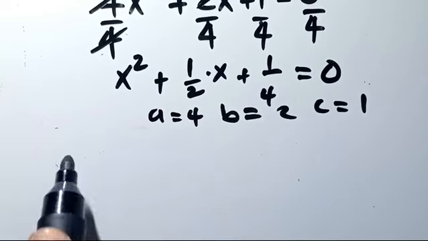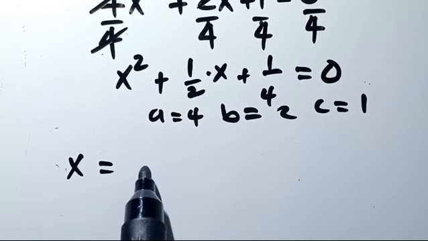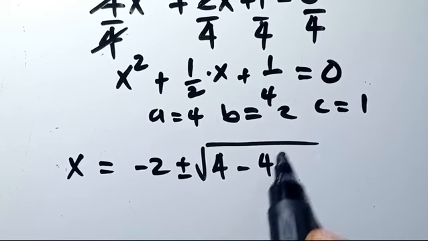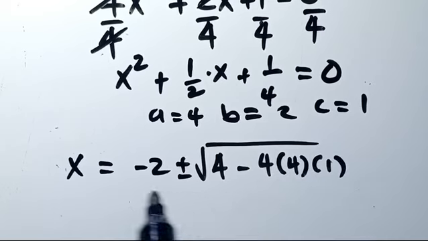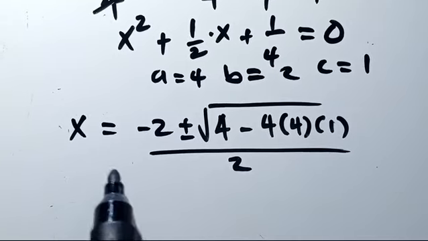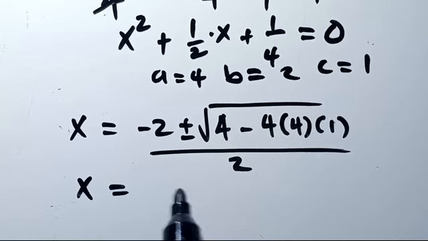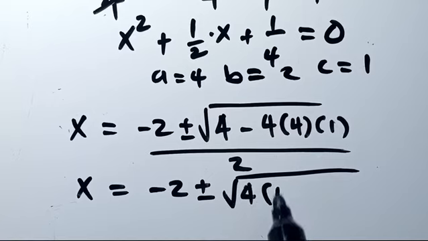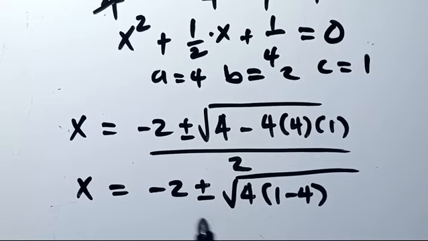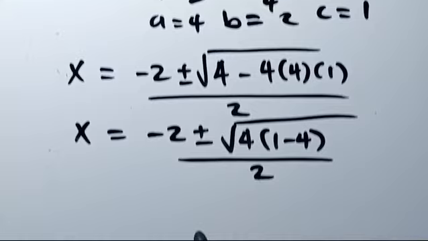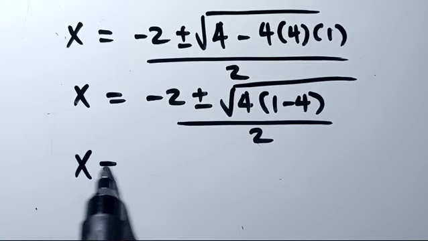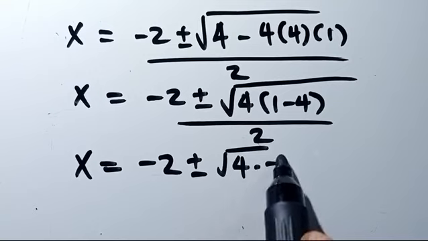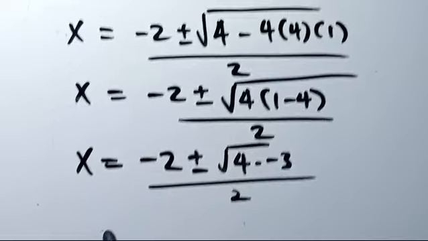So this will now be x equals minus 2 plus or minus the square root of 4 minus 4 times 4 times 1, over 2 times 4. We have x equals minus 2 plus or minus the square root of 4 minus 16, which is minus 12, over 8.